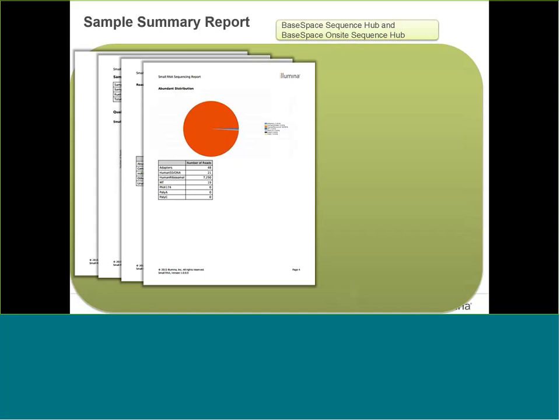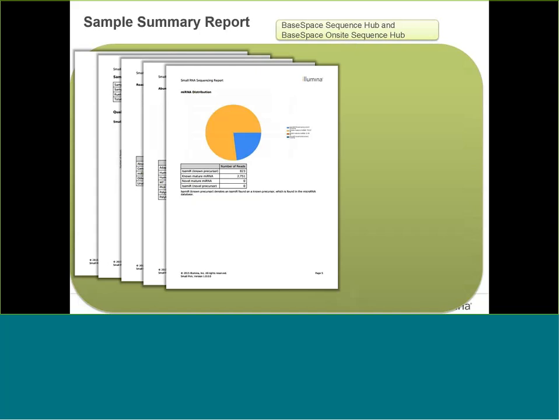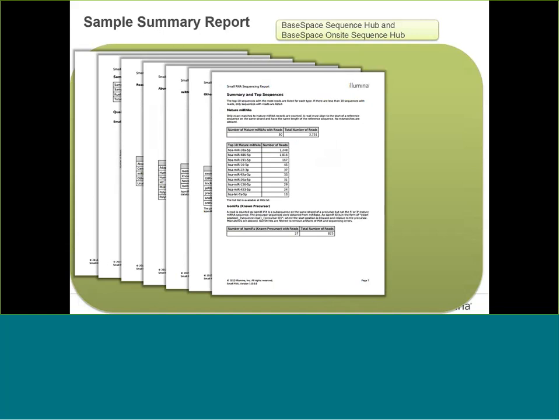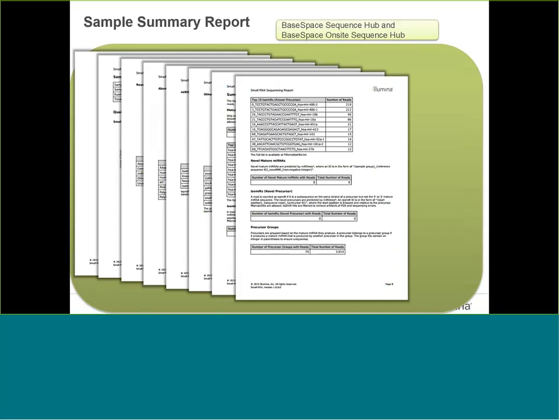So among our abundant reads, we'll get to see how many align to the different types of sequences within that database. The same for the microRNA database and the other RNA. We'll also get a list of the top sequences found for each category. So for our mature microRNAs, we get the top 10 most abundant reads listed there.